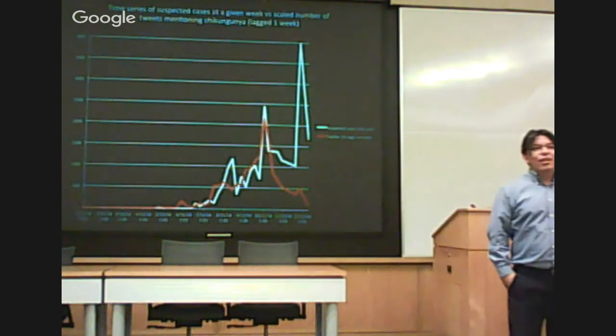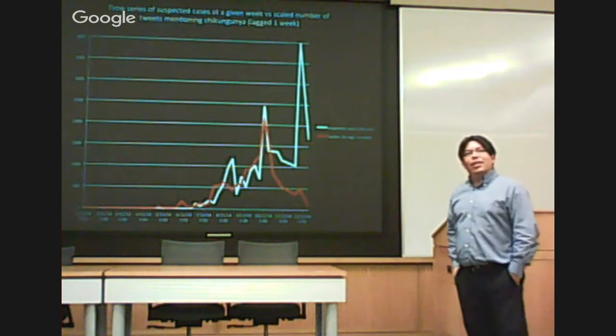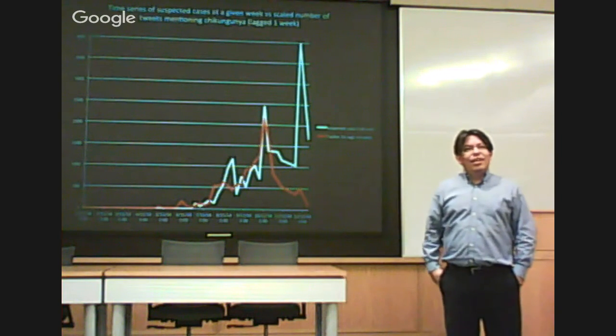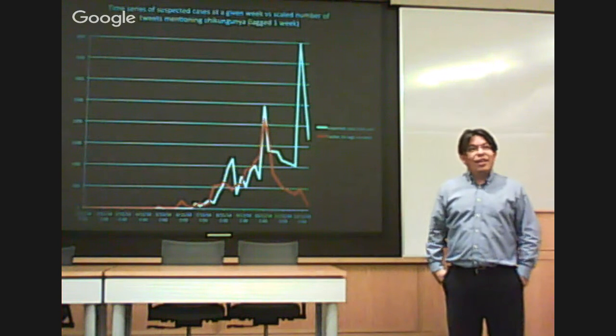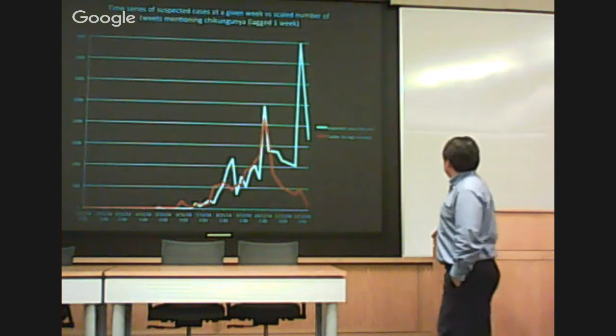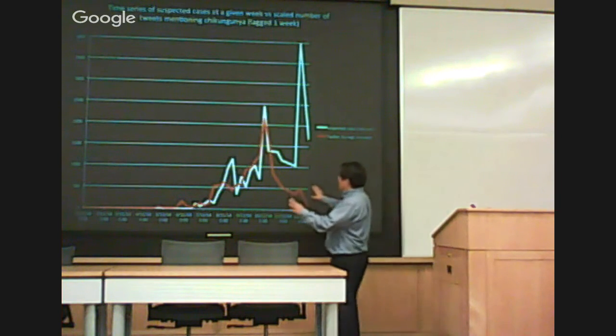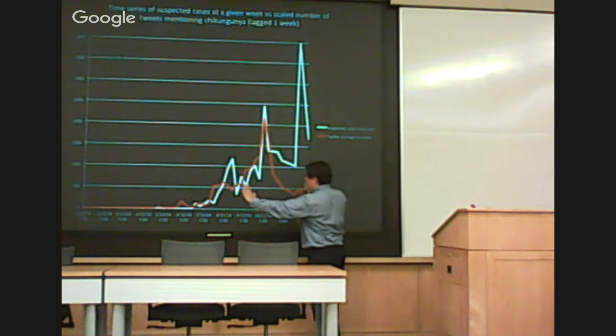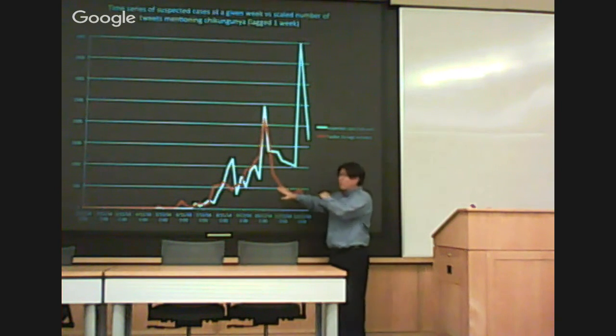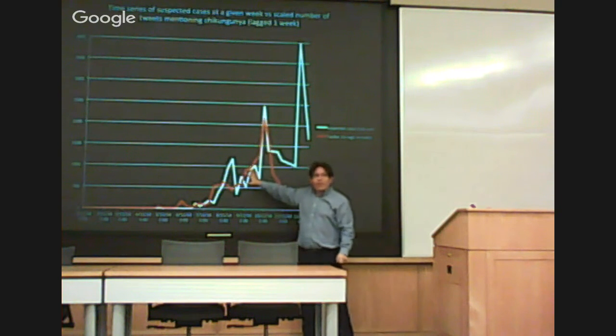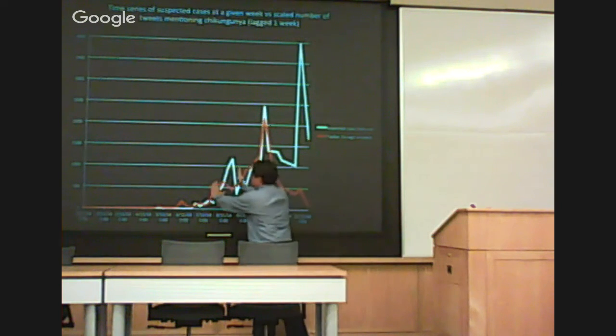Let me rephrase it. Twitter was happening, and I chose to move Twitter forward in time just to make it overlap with this curve. If I were plotting Twitter without the lag, it would be shifted to the left.